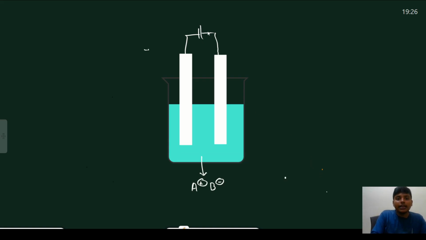So when I turn on the electricity from the outside, we can see that all the A plus ions are coming this side, and all the B minus ions are coming this side.